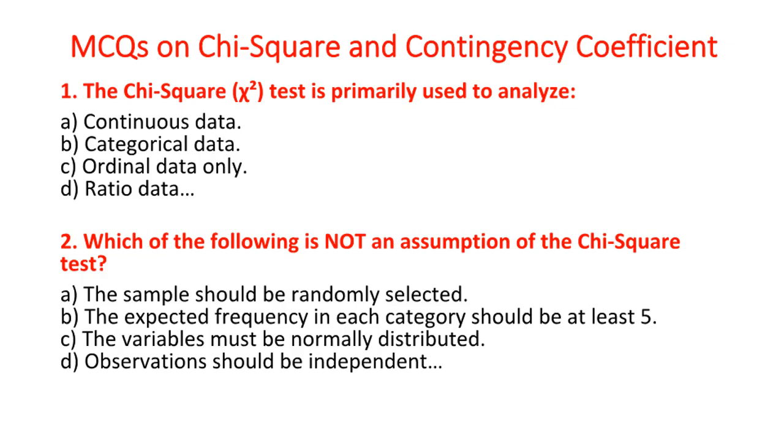A. The sample should be randomly selected. B. The expected frequency in each category should be at least 5. C. The variables must be normally distributed. D. Observations should be independent. Answer, C. The variables must be normally distributed.